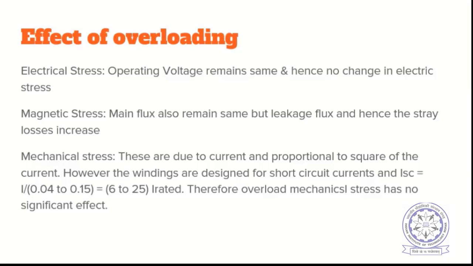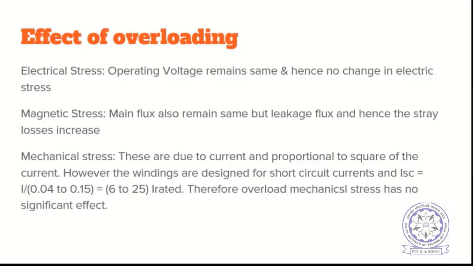So whatever comes in due to the secondary winding will be countered by the primary winding, and main flux remains same. But this does not happen with the leakage flux. Leakage flux links the primary winding alone or the secondary winding alone, and does not link the other winding. So the other winding cannot produce a flux that can counter this flux. Therefore, leakage flux of both the windings will increase.